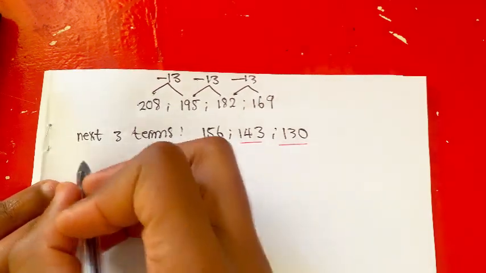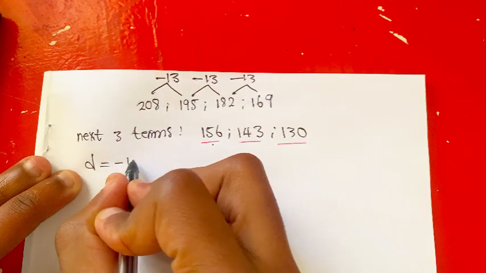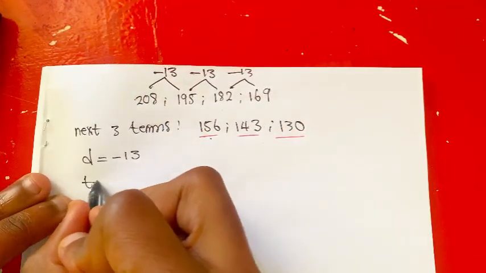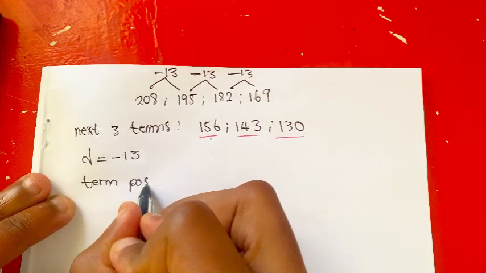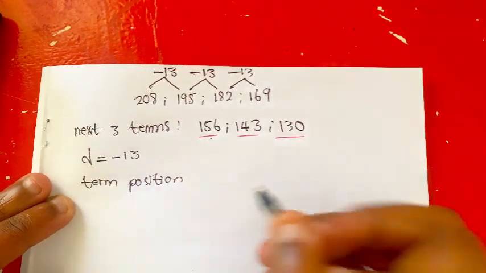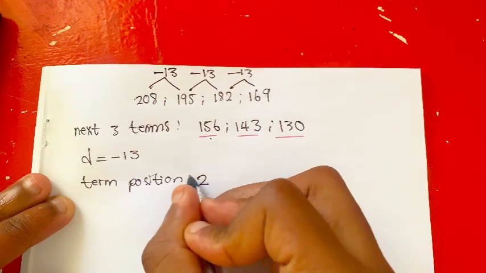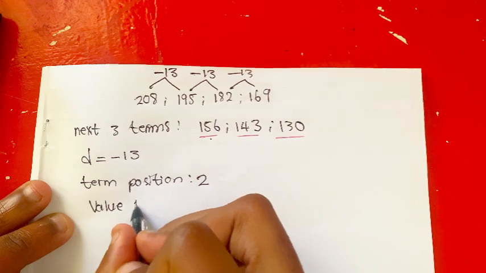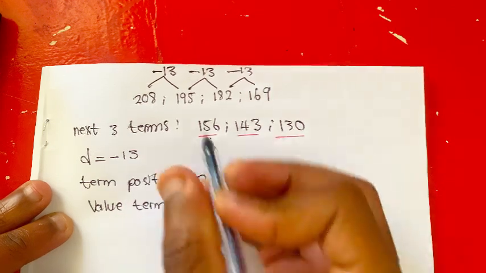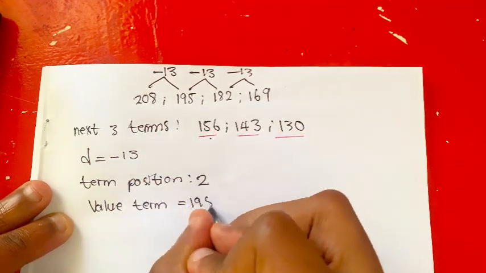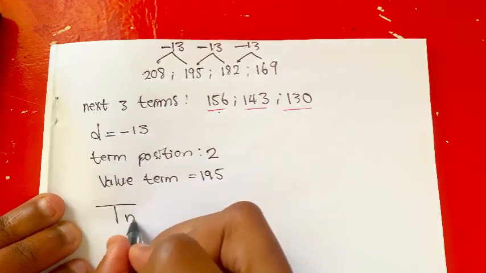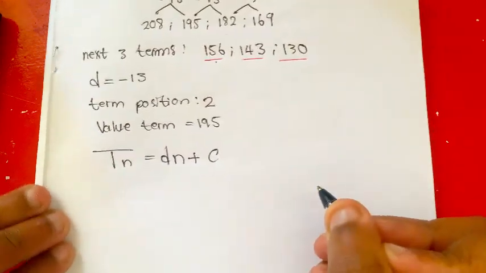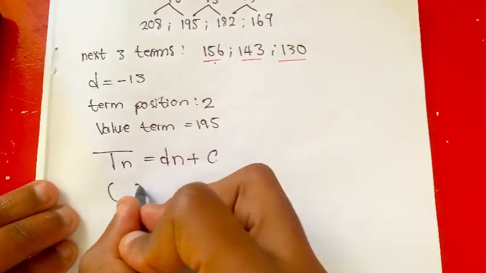So you have the difference, negative 13. You will choose any term position. Let's say we choose 2. The value of that position, position 2, is 195. We know our formula should look something like this. We have our value, 195.